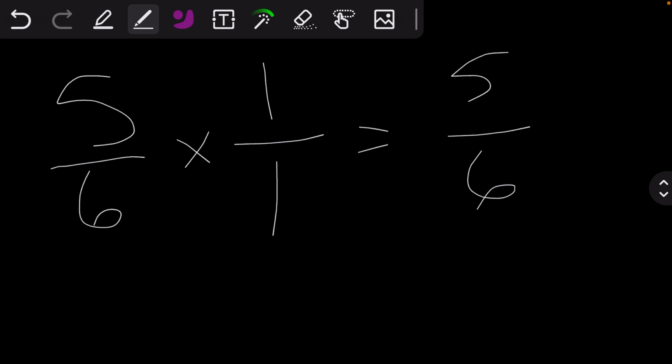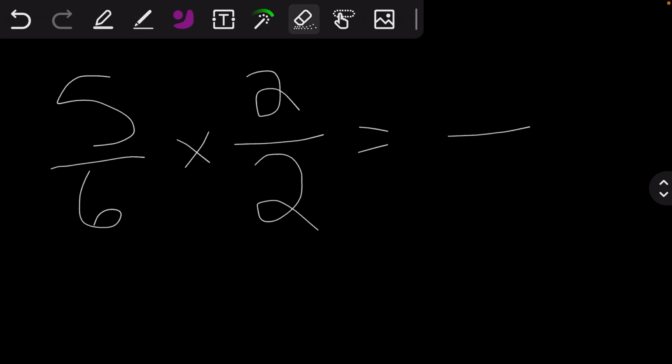So let's scale this fraction by a different factor. Let's scale it by a factor of 2 instead. But remember, the numerator and denominator have to be multiplied by the same value. They have to be scaled by the same amount.